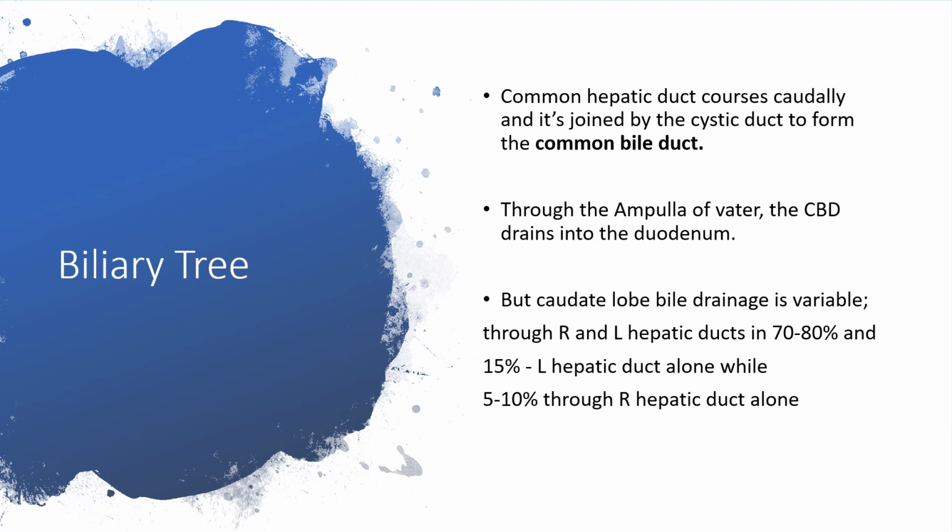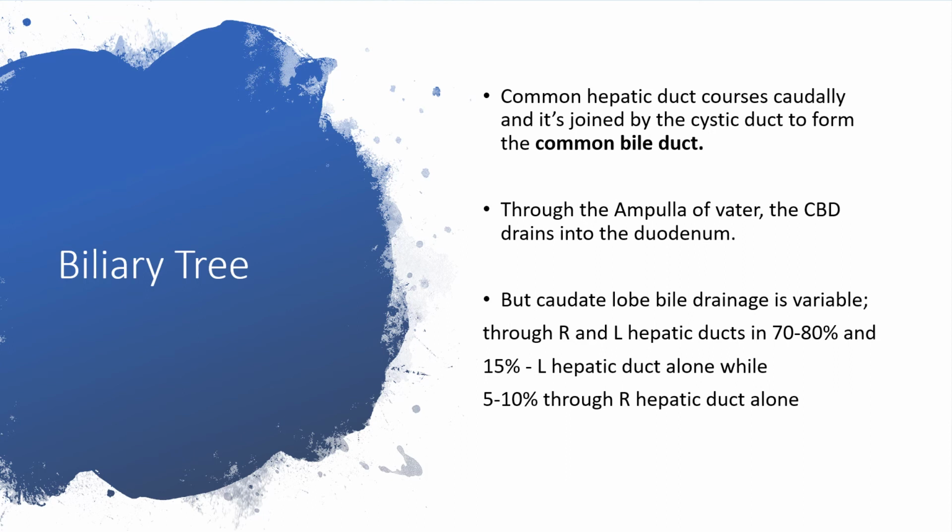The common hepatic duct crosses caudally, that is inferiorly, and is joined by the cystic duct to form the common bile duct. Through the ampulla of Vater, the common bile duct would drain into the duodenum. Now, there will be the sphincter of Oddi. We'll talk about that in the course of liver pathology and pancreatic pathology.